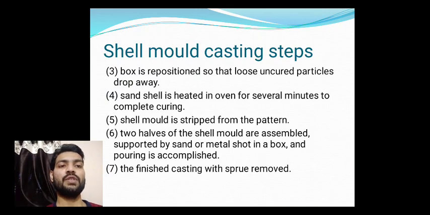The box is repositioned so that loose uncured particles drop away. The sand shell is heated in an oven for several minutes to complete curing. The shell mold is stripped from the pattern. Two halves of the shell mold are assembled, supported by sand or metal shot in a box, and pouring is accomplished. The finished casting with sprue removed.